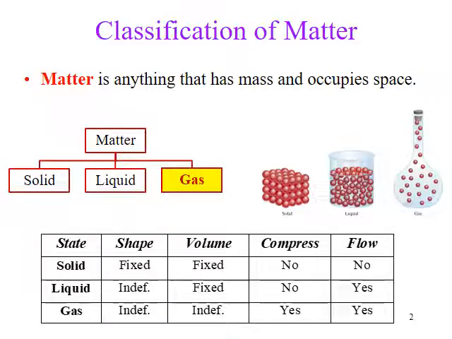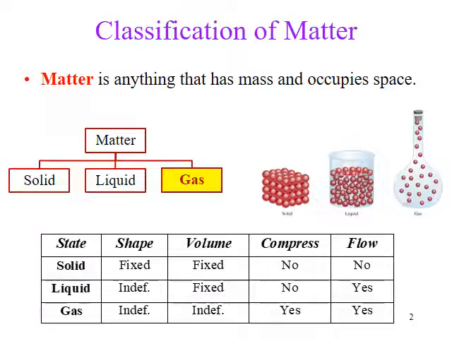When it comes to shape, volume, compressibility, and ability to flow, solids, liquids, and gases behave differently. For instance, solids have a fixed shape, a fixed volume, cannot be compressed, and do not flow.